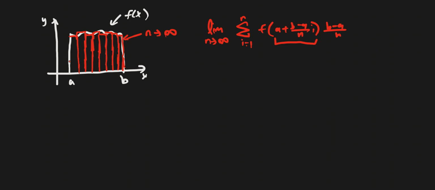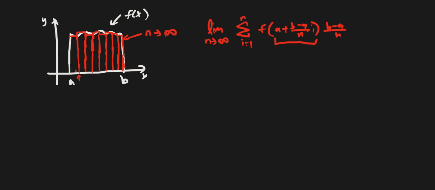So if we add b minus a over n times i, which represents the index, then for the first rectangle that would be b minus a over n times 1, so a plus b minus a over n. And if b minus a over n is the width of each rectangle, that would represent a plus this width, so that would be here. That's the x value that we would consider.